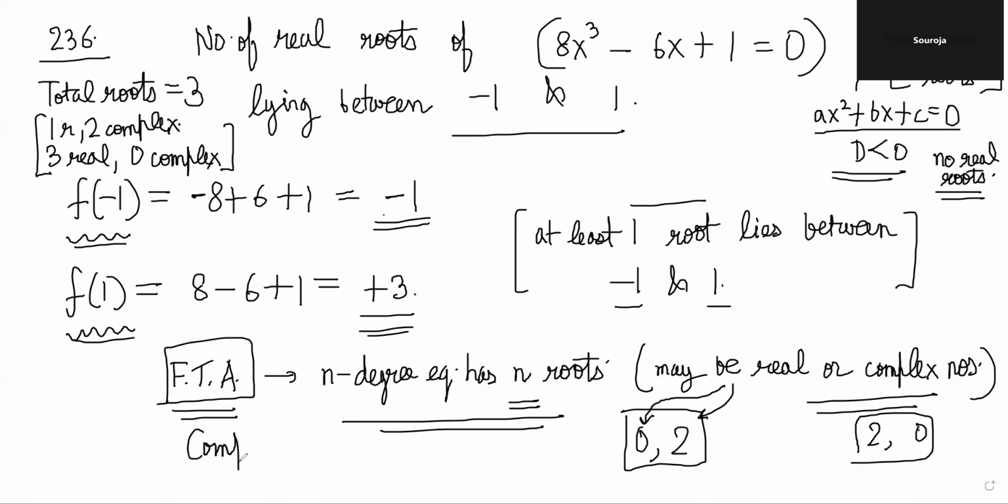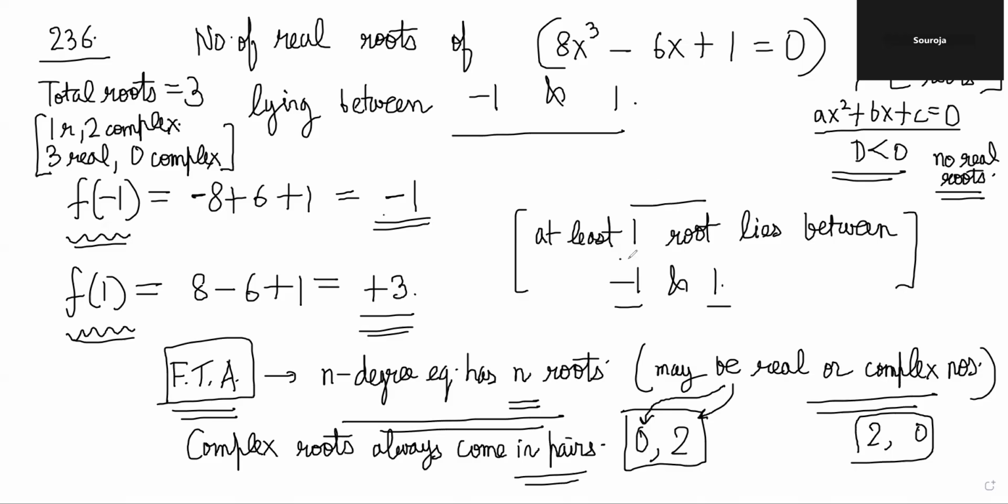So complex roots, whenever they appear, will always come in pairs of 2. So it will either be 2 or 0 or 4 or 6, things like that. It will never be one complex root. Odd number complex roots will not be there.